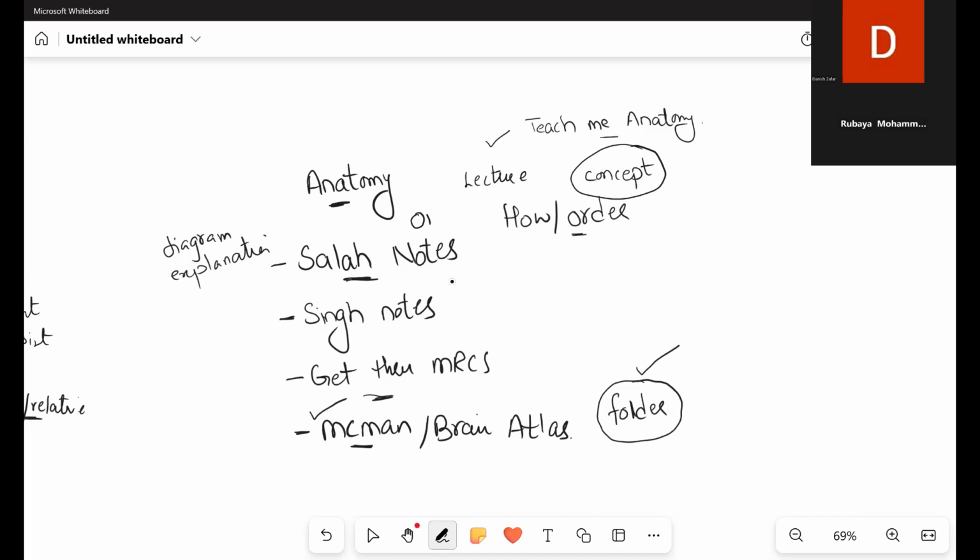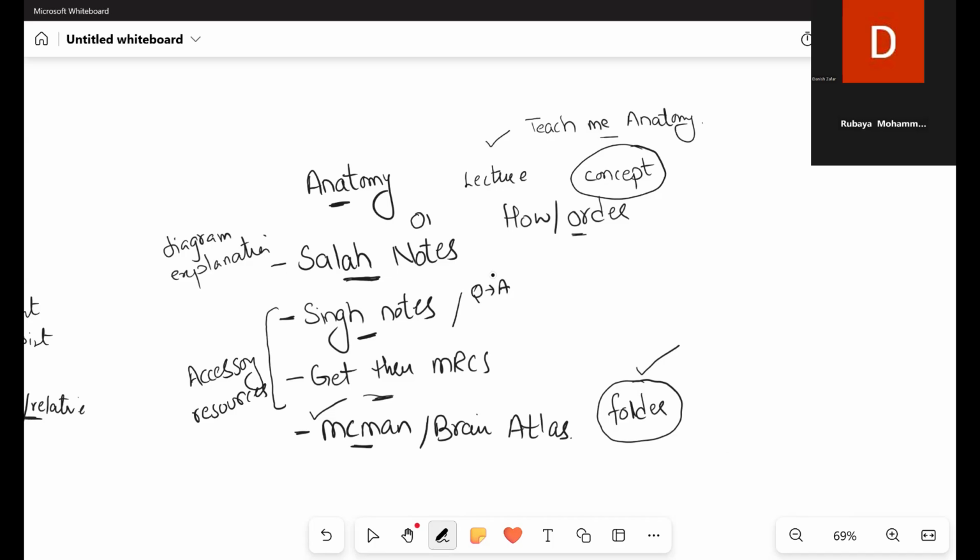Once you have done the Sala notes, you can use these accessory resources. Just keep that in mind. Then you have the option to go through the Sing notes. Now, Sing notes are just like the Omaima notes version. They will have a question and there will be an answer.